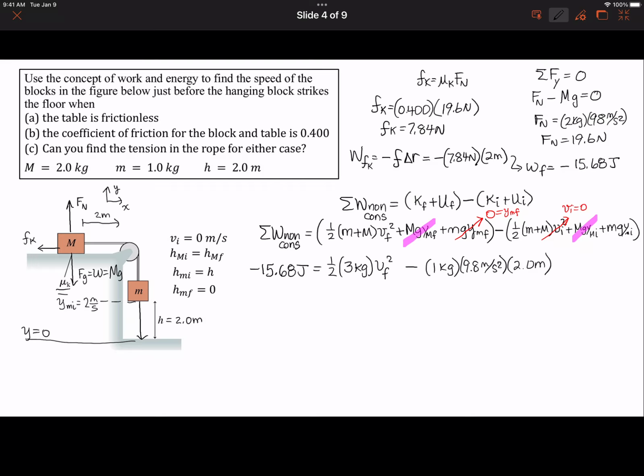So I can calculate what the initial potential energy is of the hanging mass, and that ends up being 19.6 joules. And I can add 19.6 to both sides, and when I do, on the left side I get 3.92.